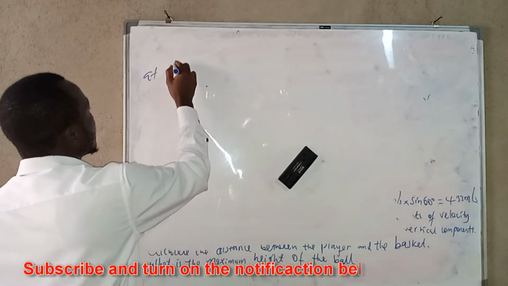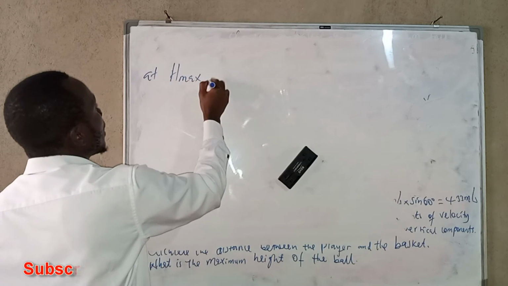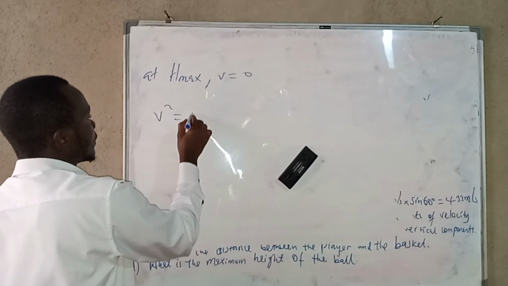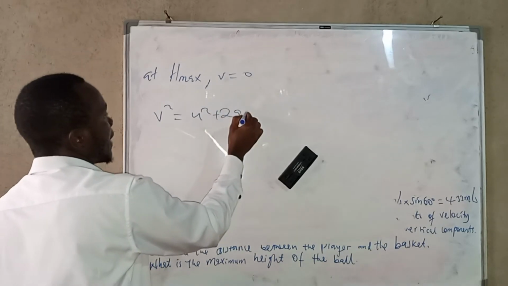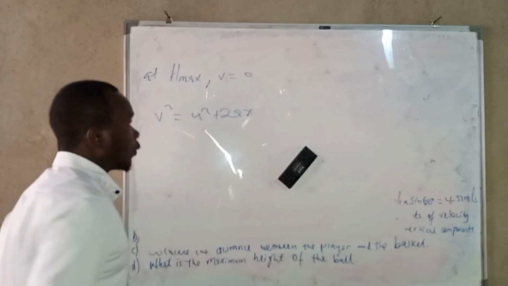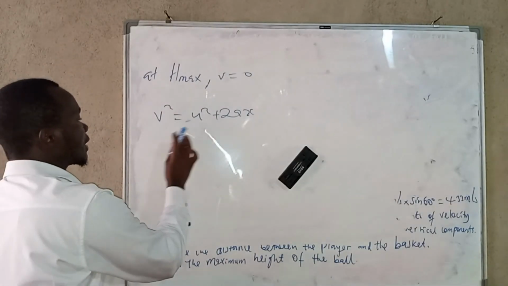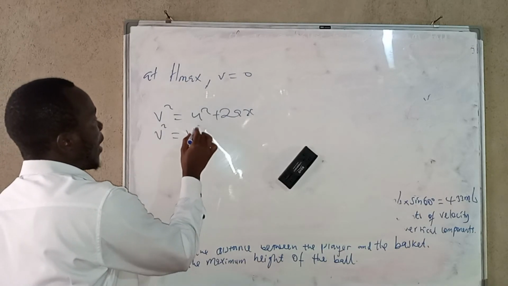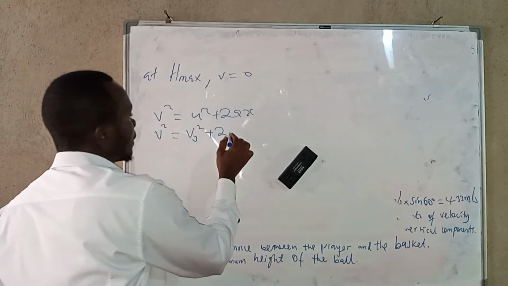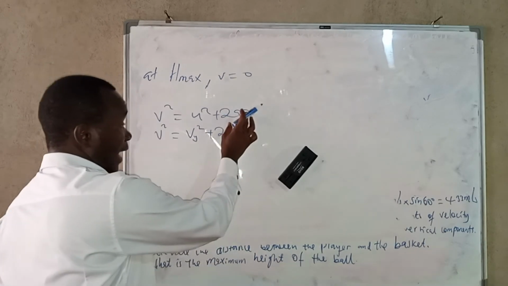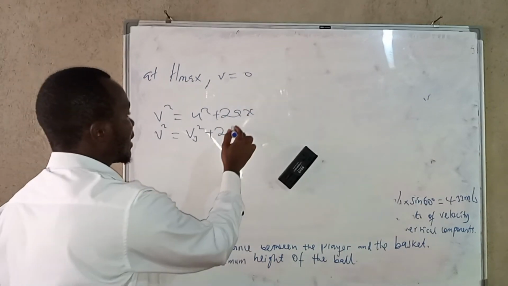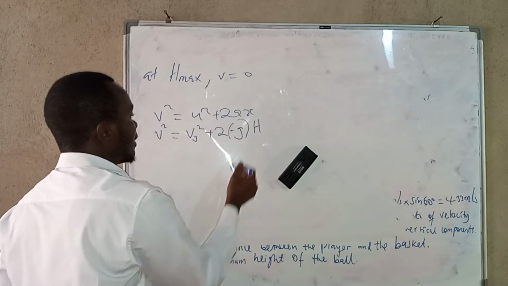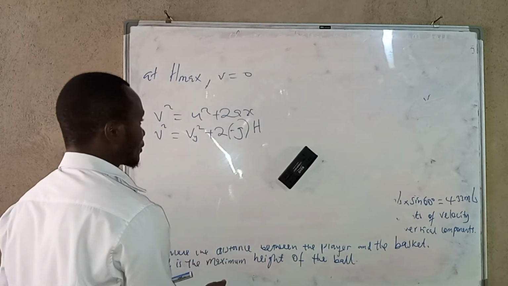So from this, we're going to proceed to find the maximum height here. So at h max, v is equal to 0. So we have v squared is equal to u squared plus 2ax. We know this equation so well. Since it is in y, we have v squared equals Vy squared plus 2ax. This a we can replace by negative g, and this x we replace by h.